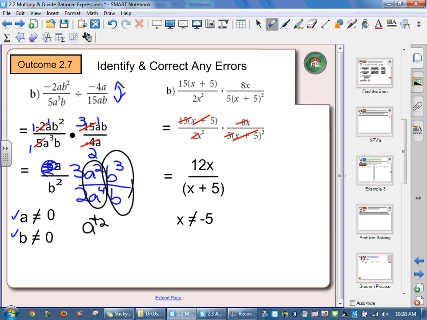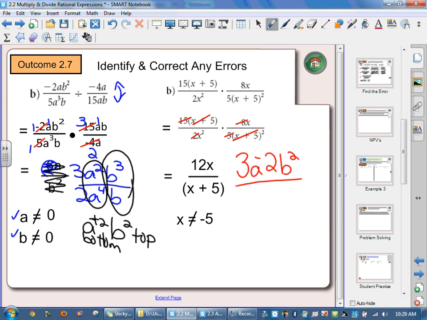So what you should have, the only thing that's going to be left on top, B squared will be on top. This guy's going to be on the top. This guy will be on the bottom. Because remember, when you subtract them, they go to the top first. So what it would look like originally, this is what it would look like. 3A to the negative 2, B squared, all over 2.